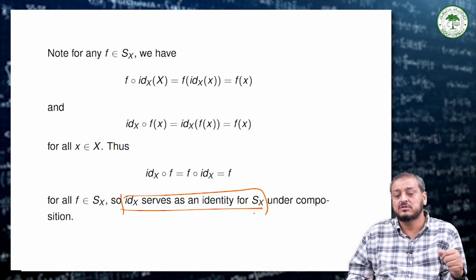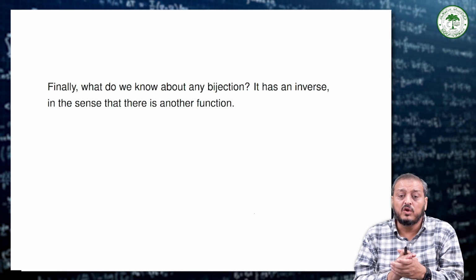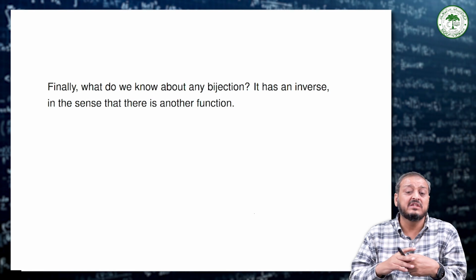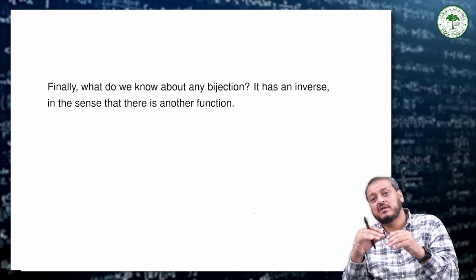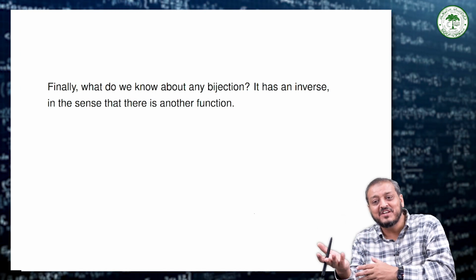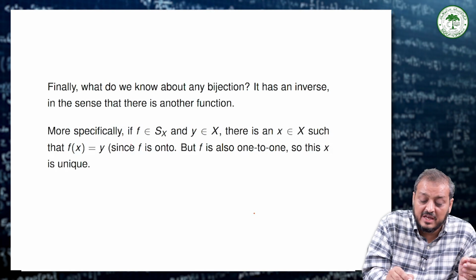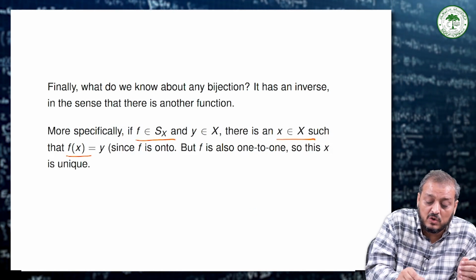Now we find the inverse. What do we know about any bijection? It has an inverse, and in this sense if f is a bijection, then its inverse is also a bijection. Since f is a function from X to X, for each y there is an x in X such that f of x is equal to y.